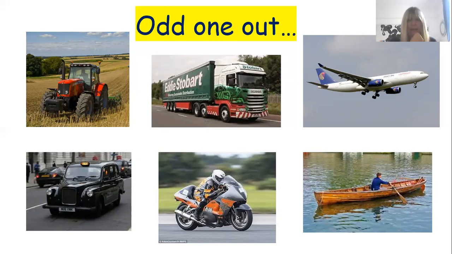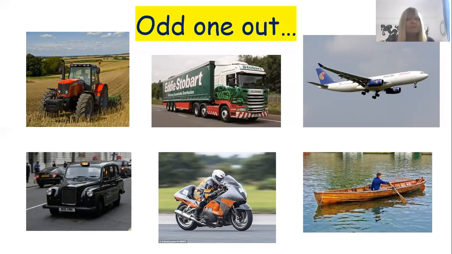What about, well, actually, the lorry. The lorry's got more wheels than any of the other transport modes. But it has got wheels. Keep looking and keep thinking. I think you might find some other reasons that one of them is an odd one out.